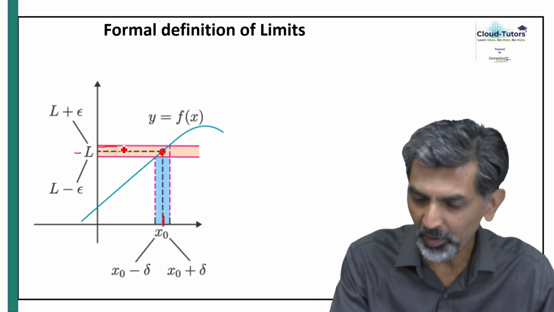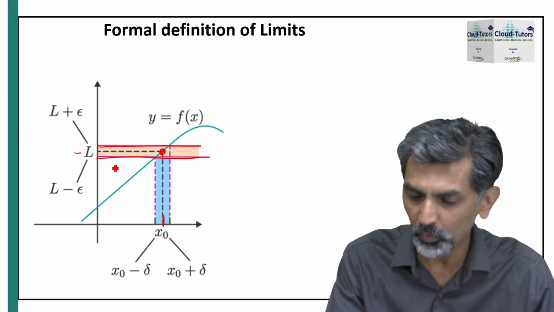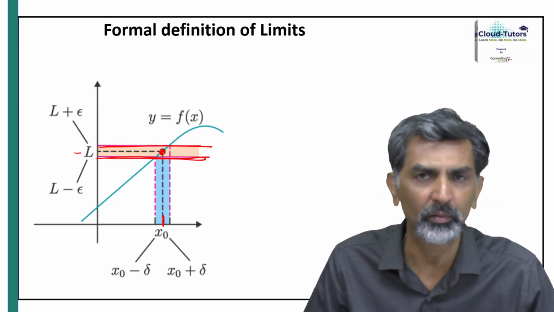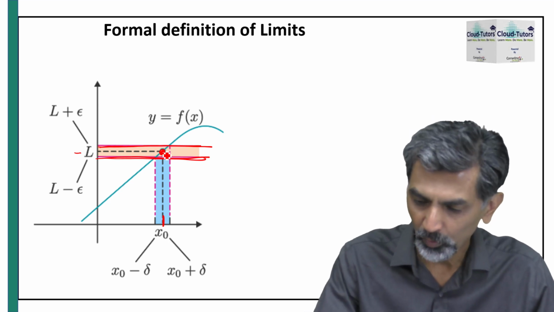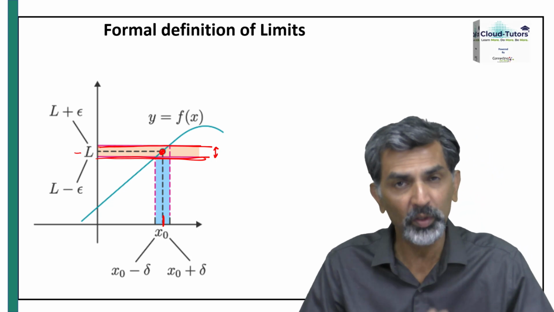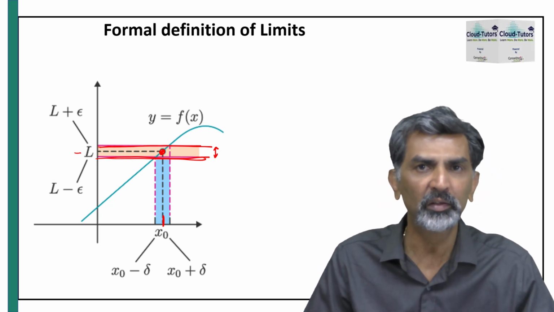That means I have to be within this narrow range on either side of L. So L is here, and this is the narrow range in which I want to make sure f of x lies.